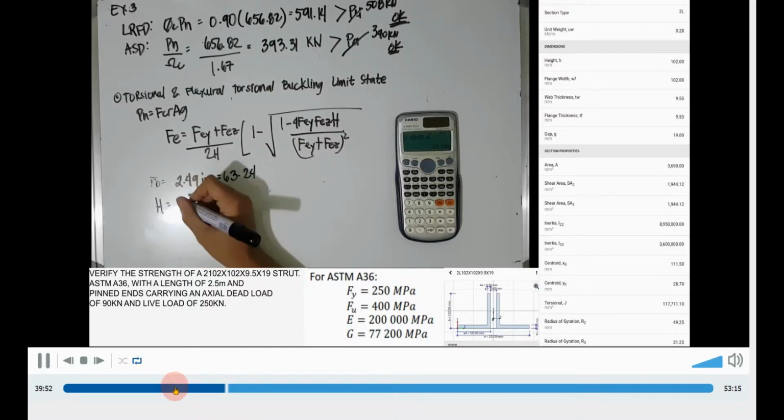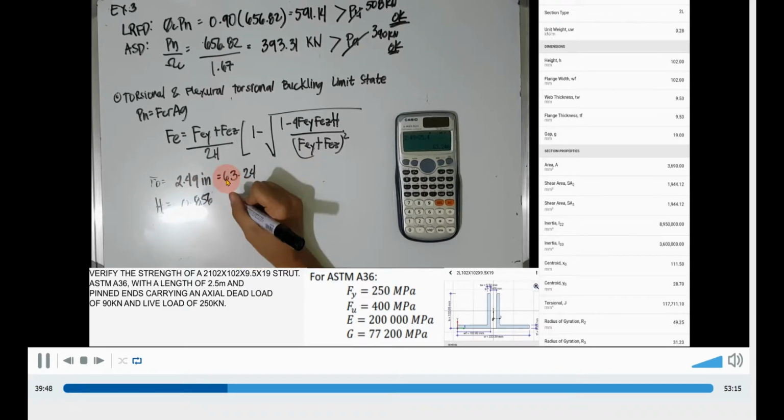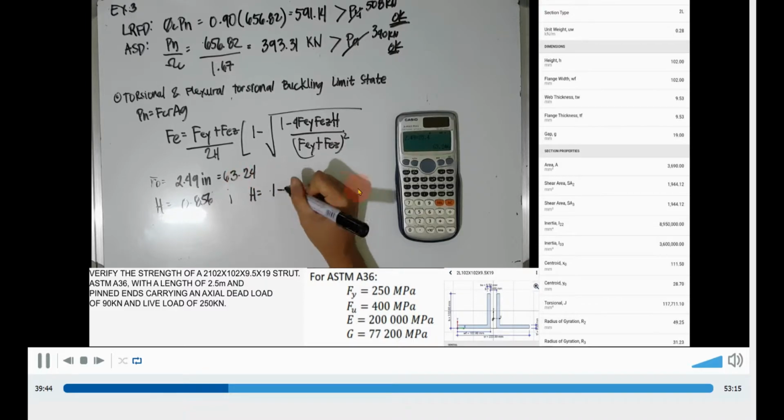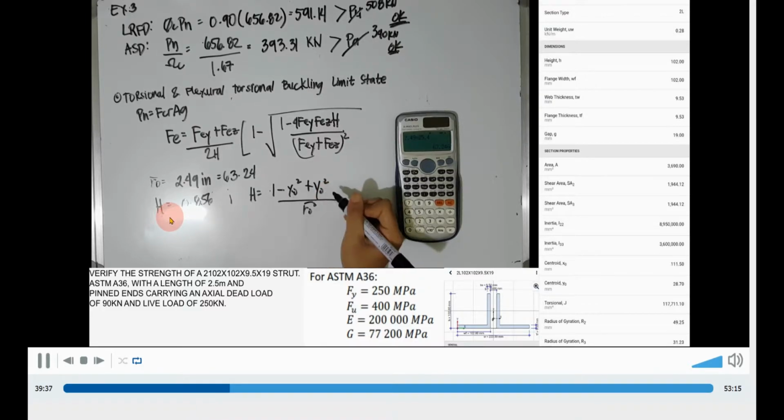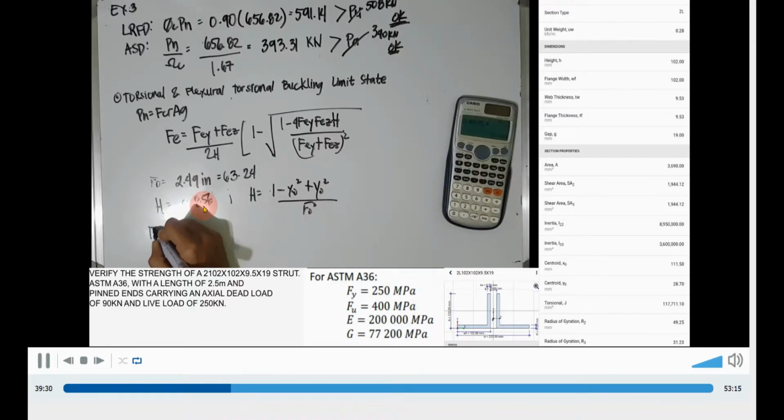So the polar radius of gyration is 2.49 inches kanina. So converting it into millimeter, it would be equal to 63.25 millimeters. And since we have our AISC manual, the flexural constant H is equal to 0.856, but if it is not available, you can determine the constant with this formula.